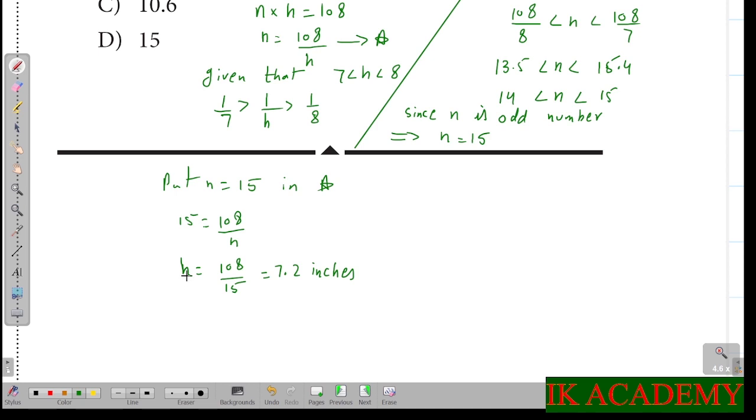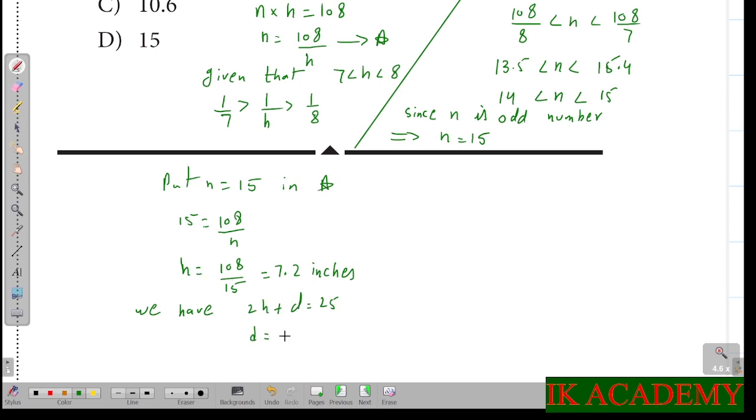So I'm going to put the value of h in the formula which was given in the previous question, because question number 19 is also related to that question. So the formula was 2h plus d is equal to 25. As we need to find the depth of the stairs, we need to find d.